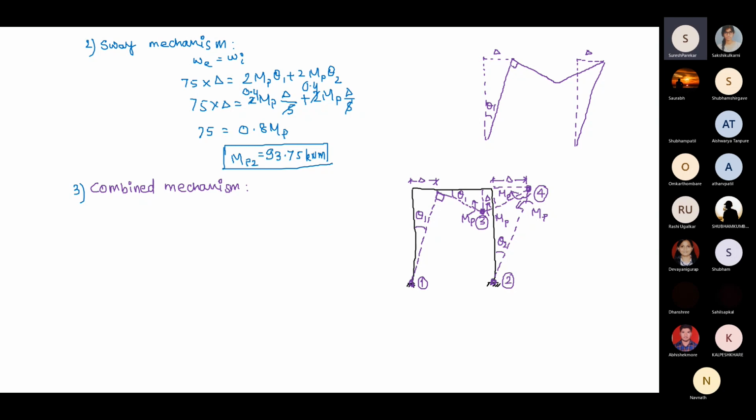As this angle is 90 degrees, this is also theta 1. This is delta 1. This is theta 2, sorry, theta 3. We are considering this as theta 2.